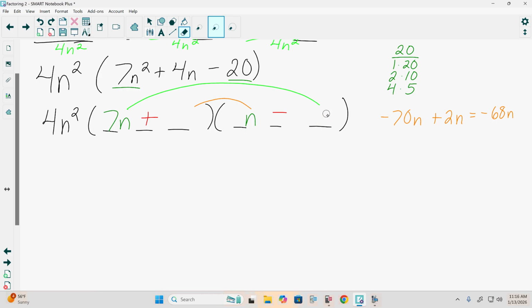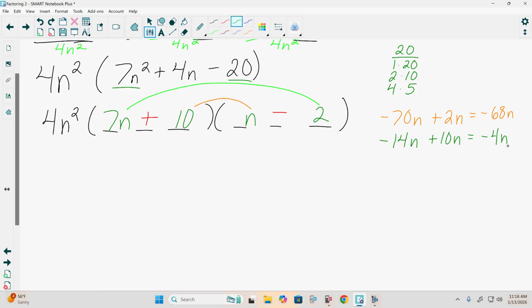But before I switch to a different set of factors of 20, might as well try switching the 2 and 10. 7n times negative 2 would be negative 14n. 10 times n would be positive 10n. Negative 14n plus 10n, negative 14 plus 10 would be negative 4n.